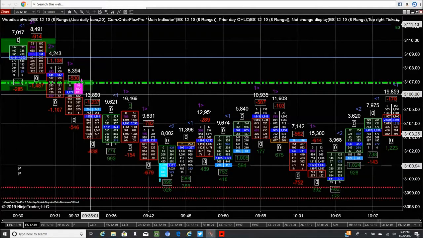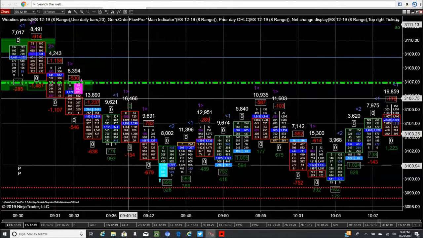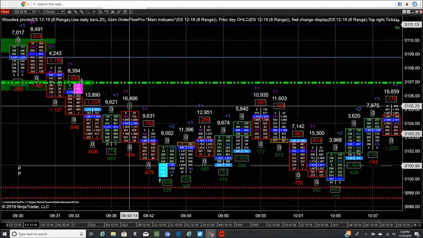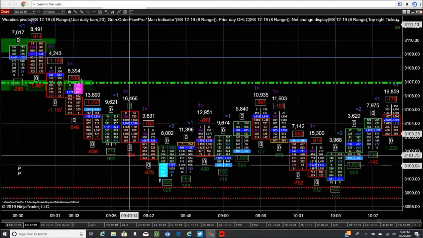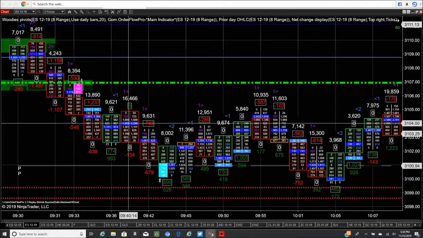Look at that. That's the biggest volume of the day. But really nothing going on. We don't have a divergence. Then we get 16,646. With a divergence, we have a positive 9 on the COT and a negative 154 on the delta. But the point of control is inside the candle.